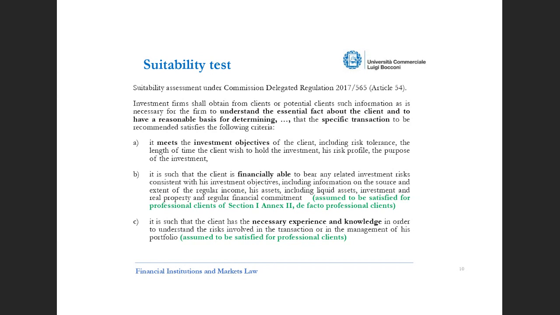And this case-by-case approach, this cherry-picking by MiFID of each single provision designed for the purpose of investor protection, that is then applied differently to the various categories of clients, is a general characteristic of MiFID. And so if you are looking for an easy solution to the question, what is applicable to professional clients vis-à-vis retail clients?